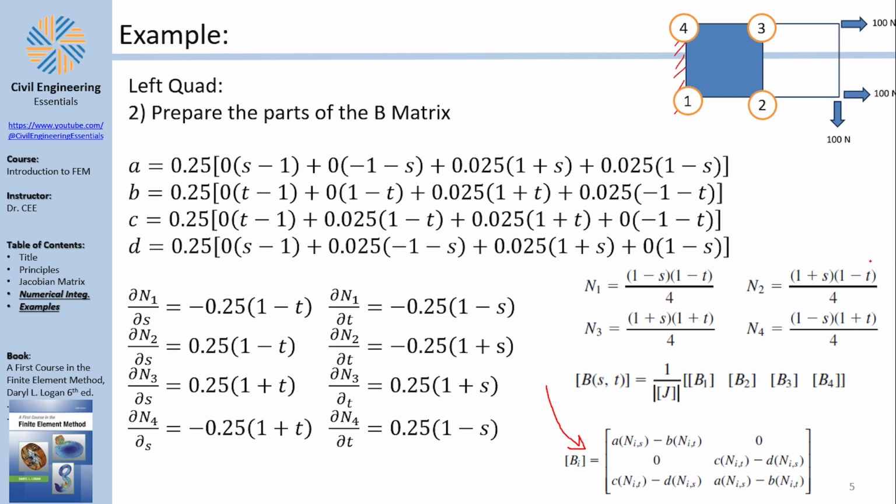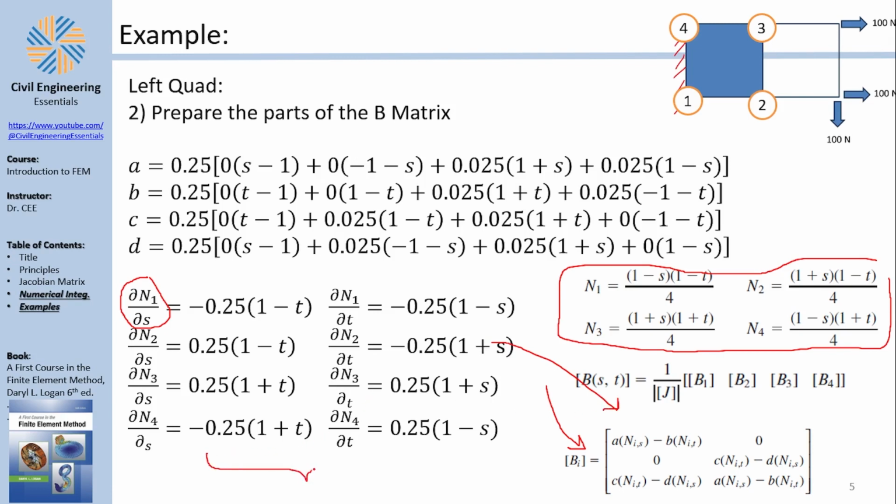Just to remind you, I have written here the shape functions, and then I proceed to take the partial derivative of each shape function with respect to S and T, because I would need those here. So the partial derivatives of all the shape functions are found here, something that is not mentioned in the book. So feel free to take them if you want, or derive them yourself.